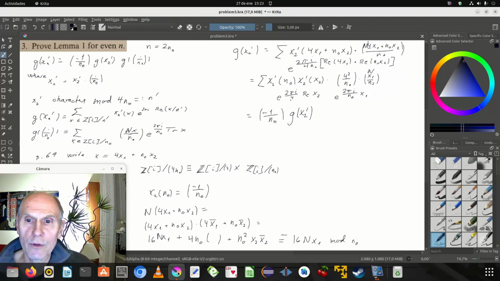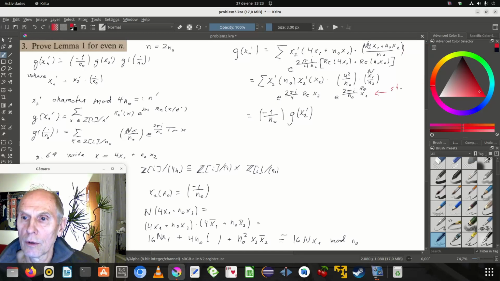And then we should have 2 pi i divided by n naught times the real part, and that should have been the trace. Which is twice as much.